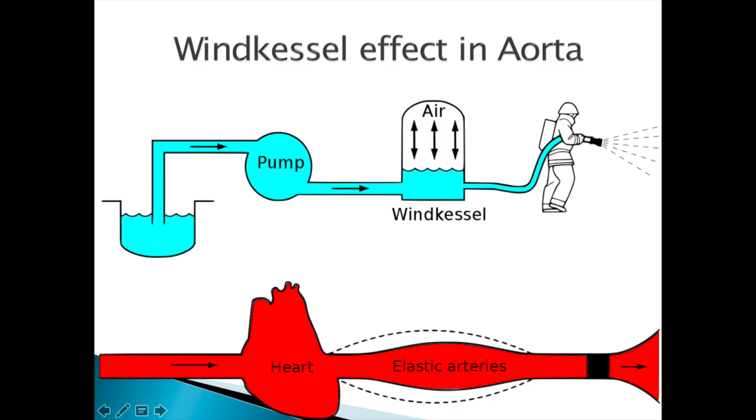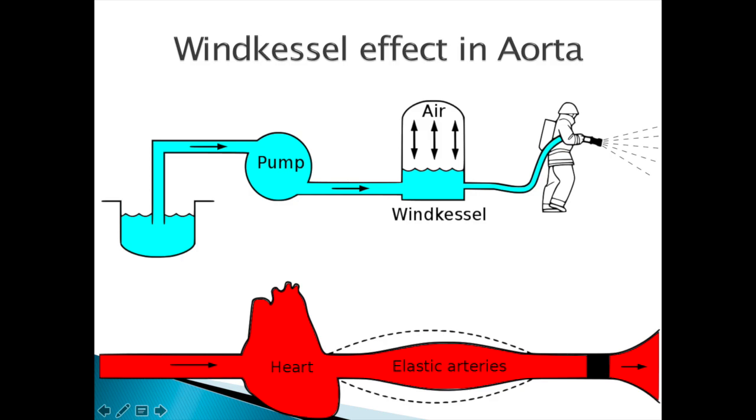So the heart works as a first heart, and the aorta works as a second heart. When the ventricle is contracting, pressure goes to 120. If you see this diagram, it's very clear how the aorta works as a second heart. In the second diagram, you can see how the aorta is expanding and moving this wave down.